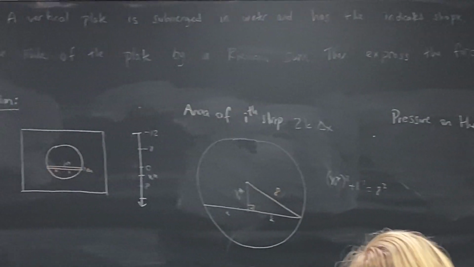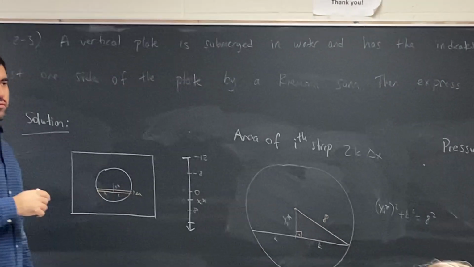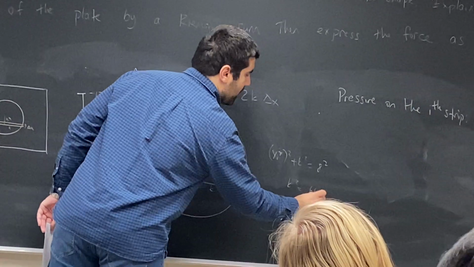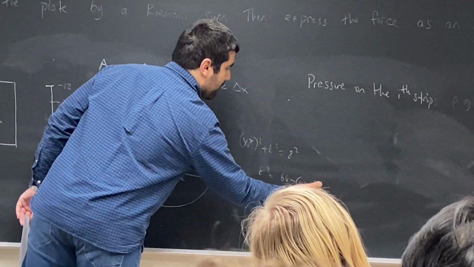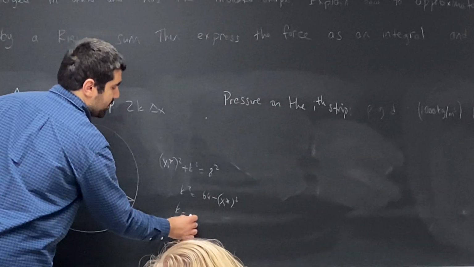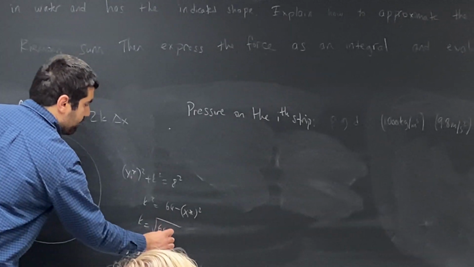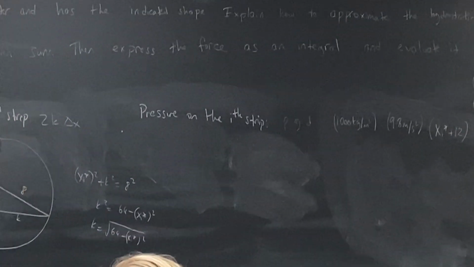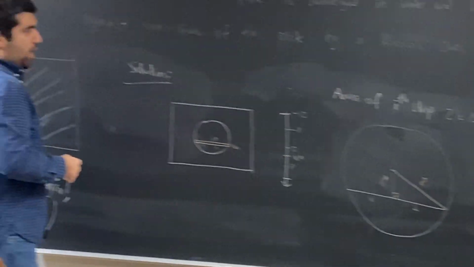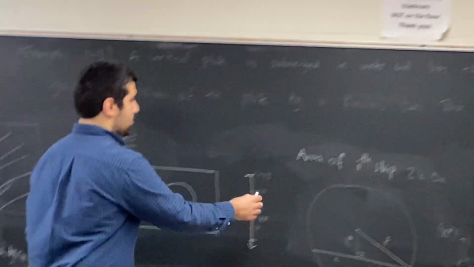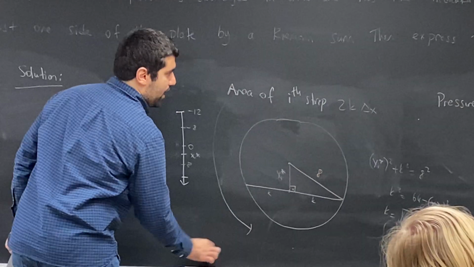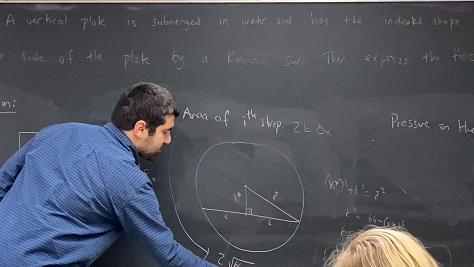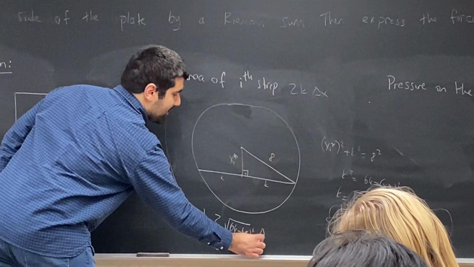And then how would you solve it for k? 8 squared is 64, so k squared is going to be 64 minus xi star squared. Then k is going to be, since it has to be a positive magnitude, the square root of 64 minus xi star squared. So we were able to express k in terms of x, and the area can be updated as 2 times the square root of 64 minus xi star squared delta x.